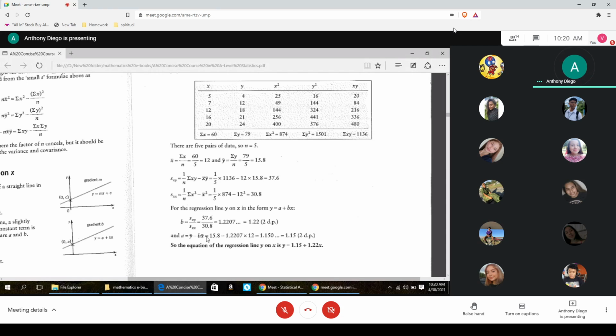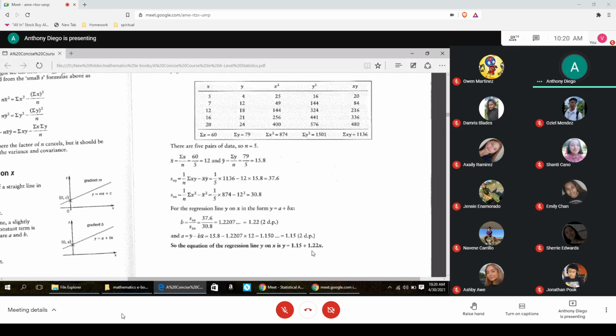We know that will be 15.8 minus 1.2207 times 12, and by calculation, you obtain 1.15. So the equation of the regression line, since you have found A and B: the value of A is 1.15, which goes here, and then B goes here. And that will give you the straight line graph that best represents the set of data.